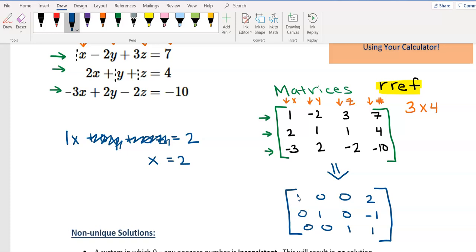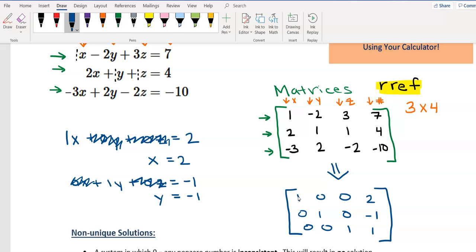For the second row, we have 0x plus 1y plus 0z is equal to -1. 0 times x would cancel out. 0 times z would cancel out. And you're left with 1y, or just y, which is equal to -1. And I think you get the idea.